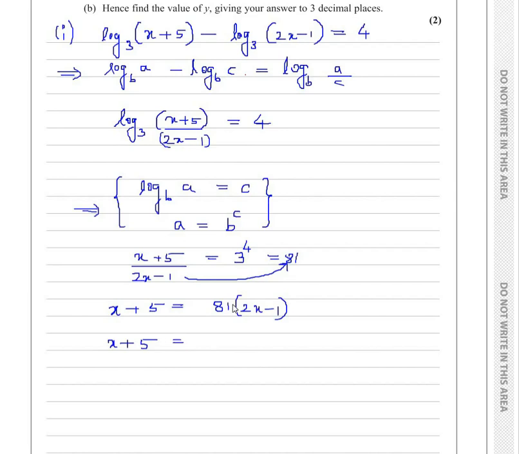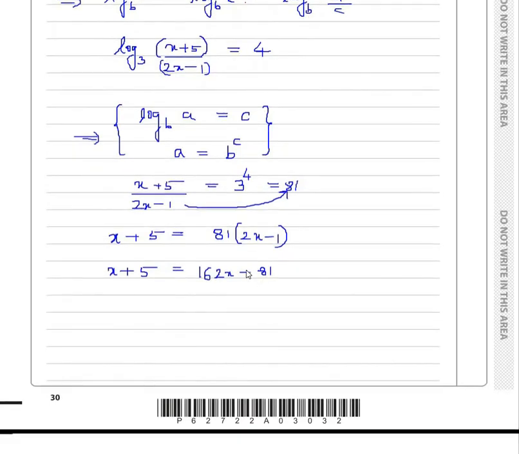x plus 5 equal to 81 times 2x will be 162x, and 81 times negative 1 is negative 81. So let us just rearrange the terms. I will get the x terms on one side and the constants on the other side.